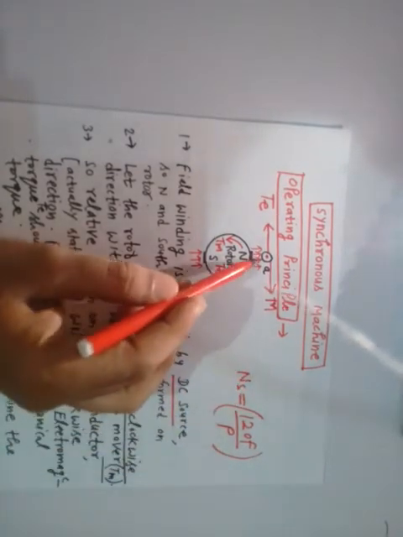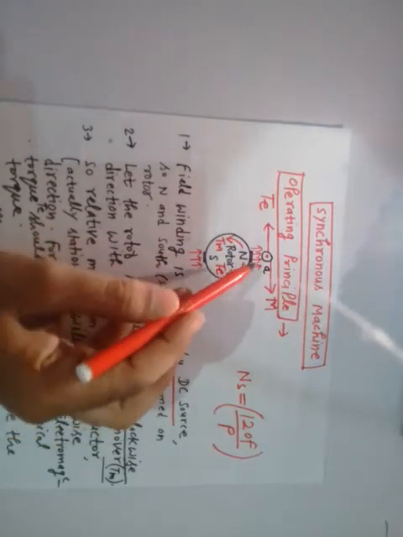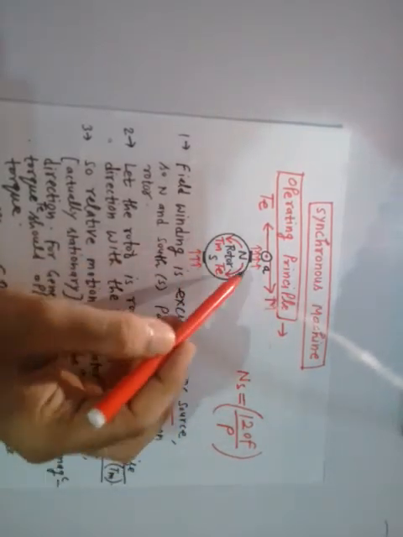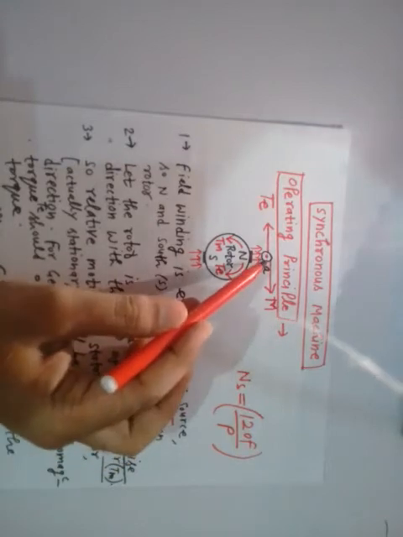And let me tell you that at the same synchronous speed, your air gap flux will rotate. At the same synchronous speed, your flux will rotate in the air gap between this rotor and this stator.